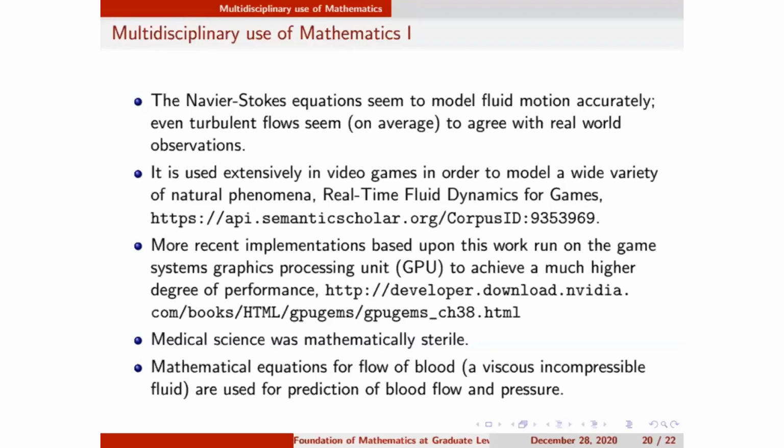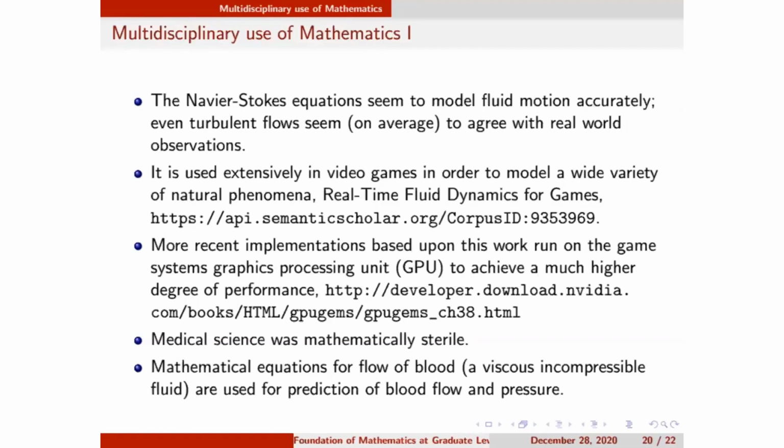The more recent implementations based upon his work run on the graphics processing unit, which overcomes the central processing unit and achieves a much higher degree of performance. Later people used graphics processing units, and now also people are using them to develop more and more games. This is the multidisciplinary use of mathematics.